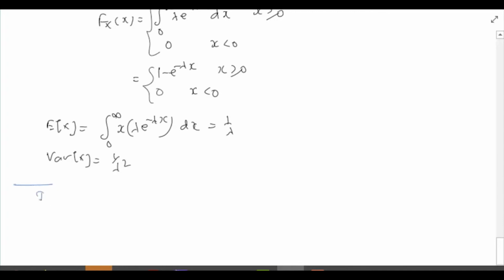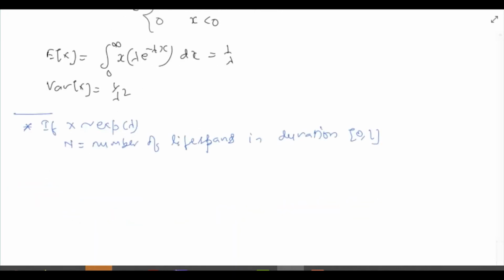If x is an exponential random variable with parameter lambda and n is the number of lifespans in a duration 0 to L, then n turns out to be Poisson with parameter L by lambda. So we have a connection between Poisson and exponential random variables.